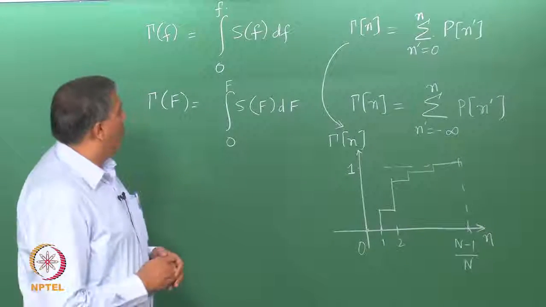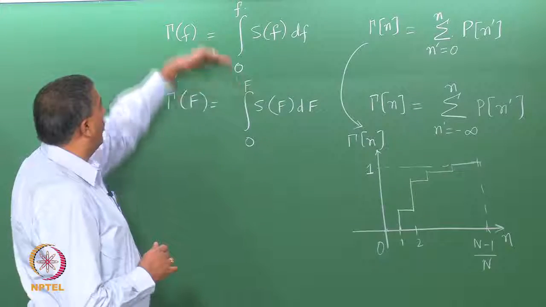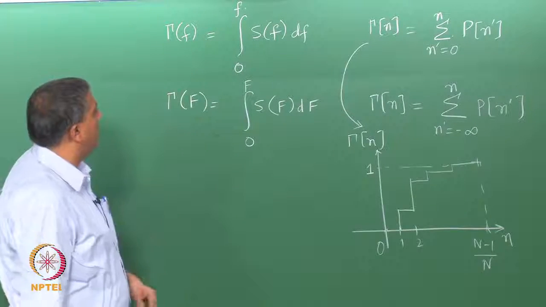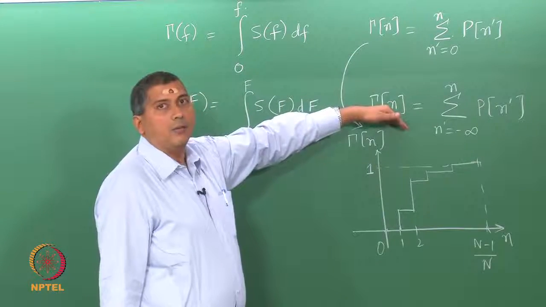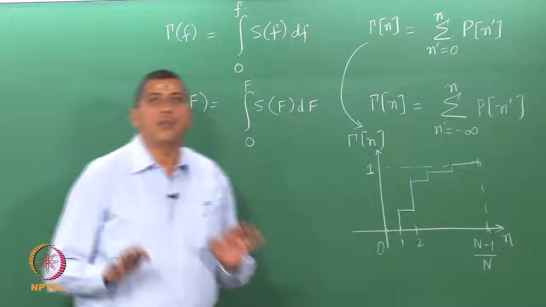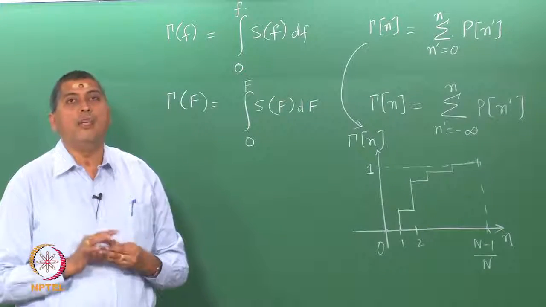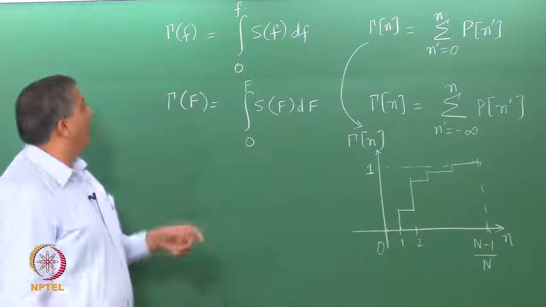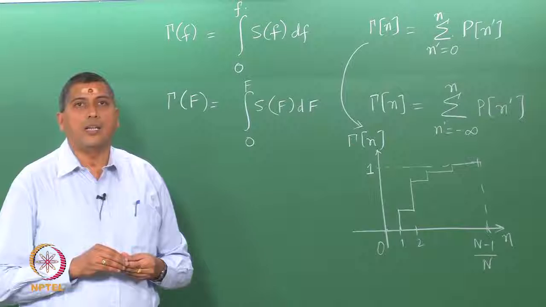So, that hopefully explains to you how the spectral distributions look like for the aperiodic case where I have energy spectral distributions, and for the periodic case I have the power spectral distribution. Regardless of whether the signal is periodic or aperiodic, I can always define a spectral distribution, but I can only define a spectral density for aperiodic finite energy signals.